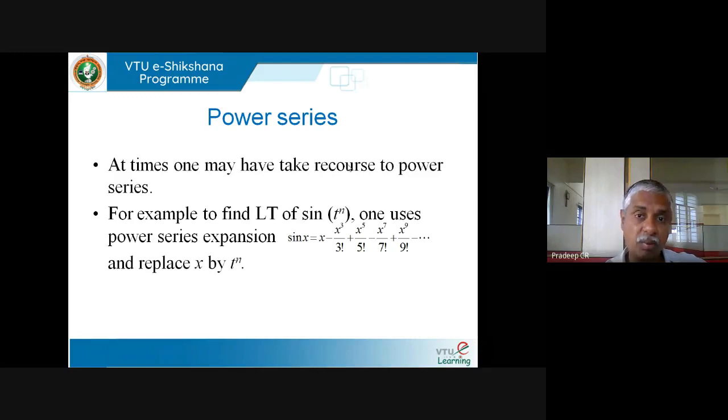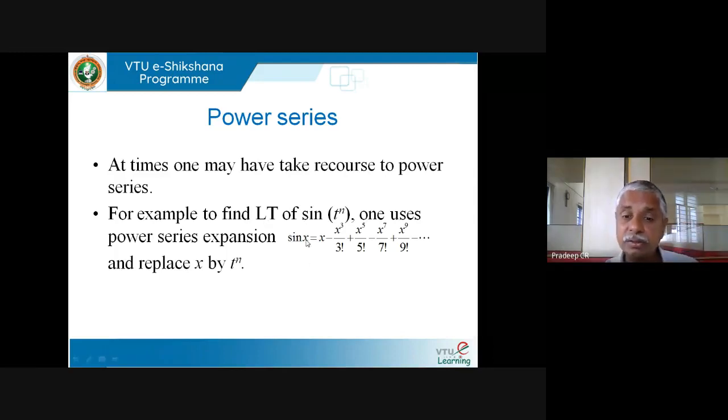So what you do is use power series expansion. Maybe you have not done it in class 12 because you don't know power series in class 12. But in your first year B.Tech, you have been taught Taylor series and Maclaurin series.